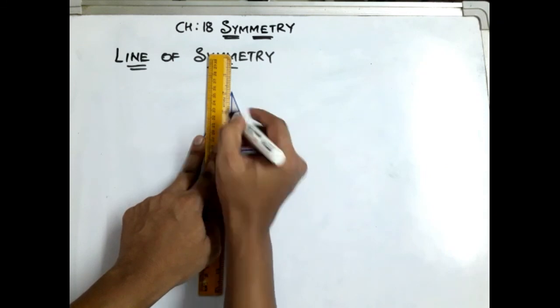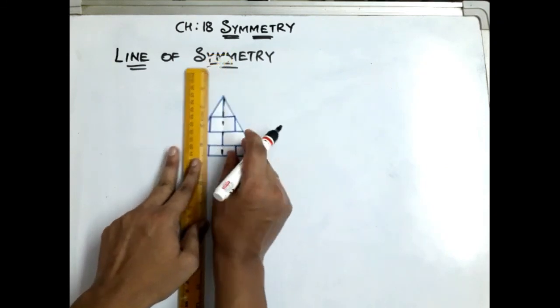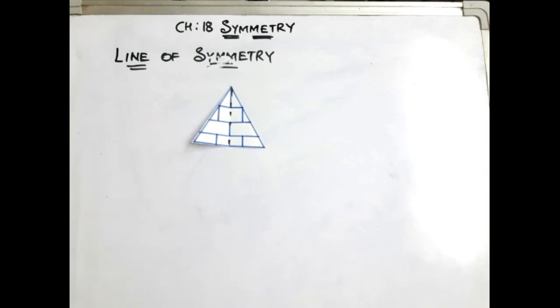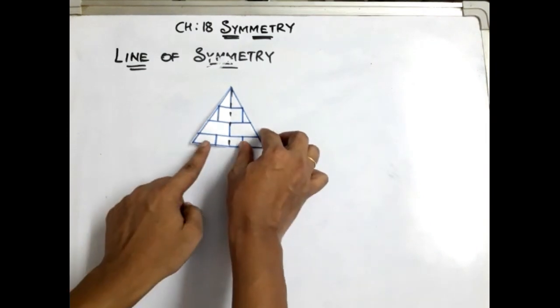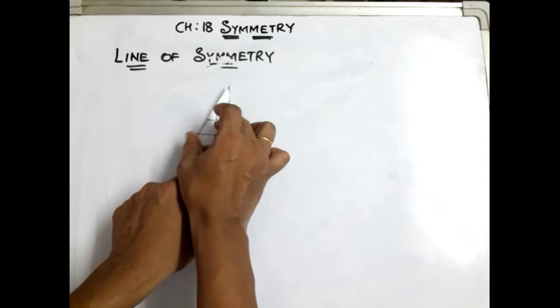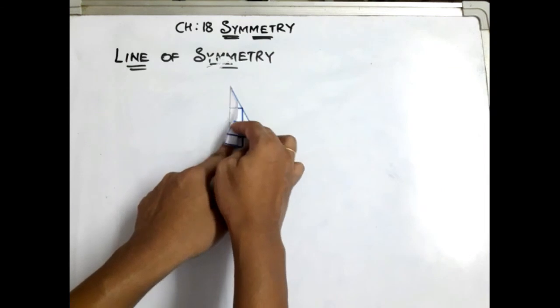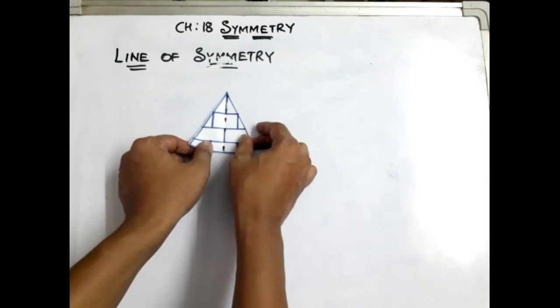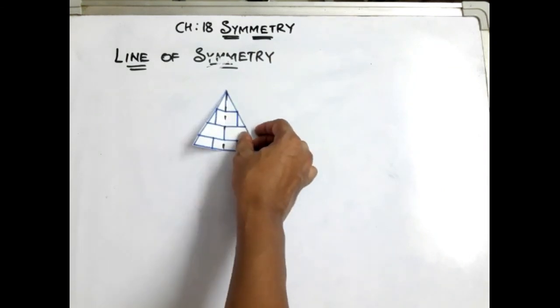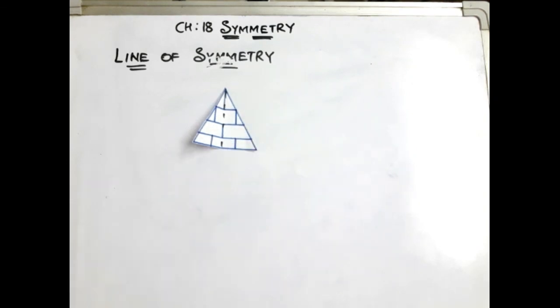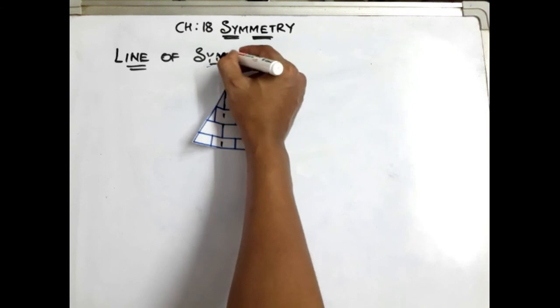What this line indicates is that if we fold this figure across this line, either this side to this side or this side to this side, both will carry the same reflection. Such lines we call lines of symmetry. Okay, hope you are clear.